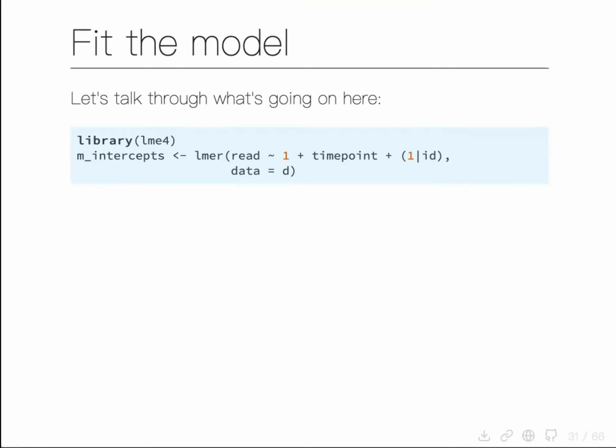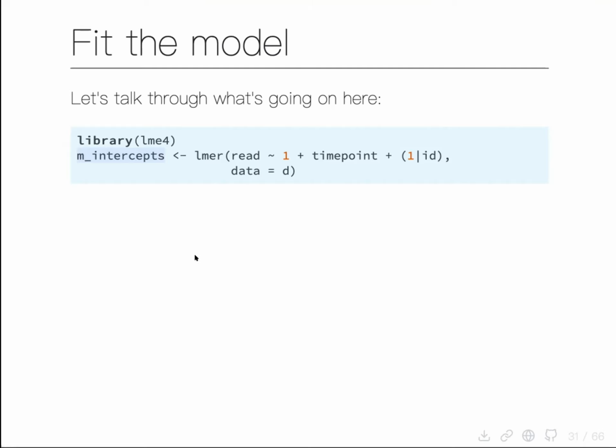So it's loading other packages for you. Then we're creating a new object. I'm calling this m_intercepts. Typically, I would call this M0 as my baseline model, which tends to be my convention, but I'm trying to make it really explicit here that this is the random intercepts model, okay?